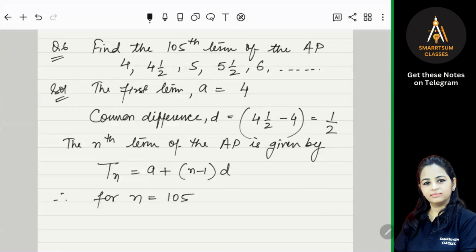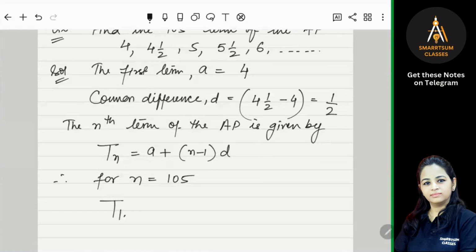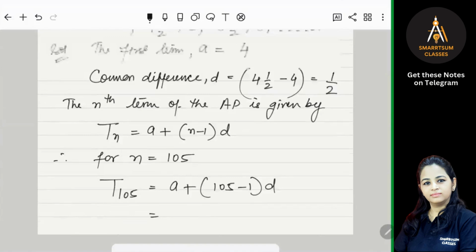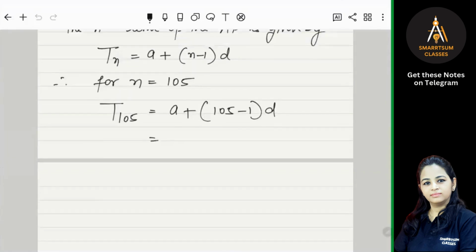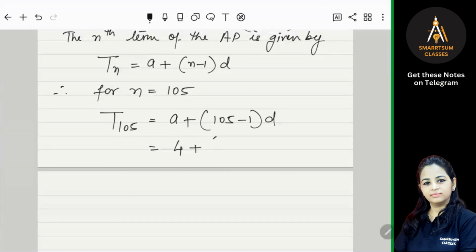So T105 is A plus 105 minus 1 into D. Now put the values of A and D into this. A is 4, 105 minus 1 into D, D is 1 by 2, right?